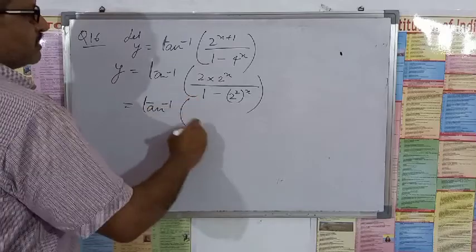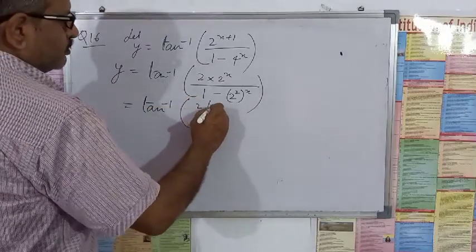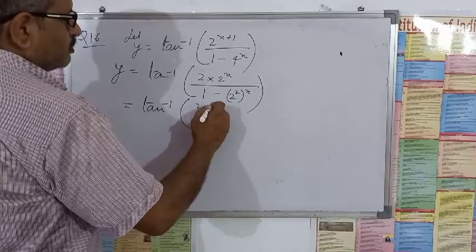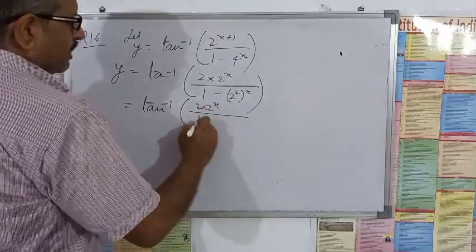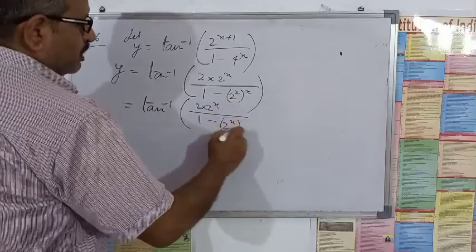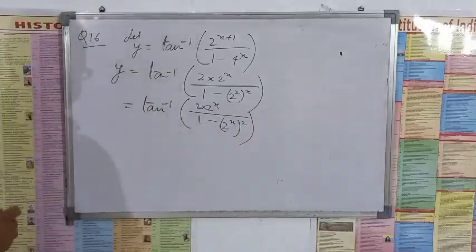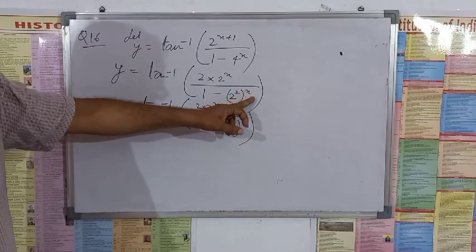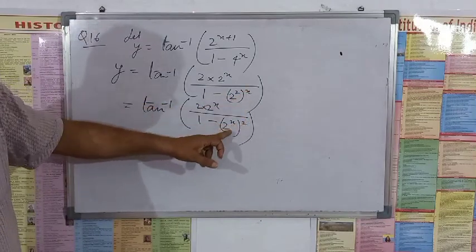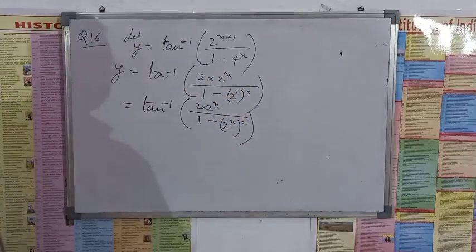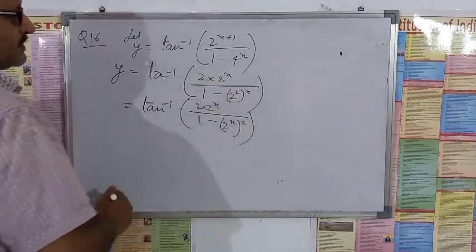So tan inverse 2 into 2 to the power x over 1 minus 2 to the power x whole square. Power to the power, so we have to multiply the powers, or you can interchange the powers. So take x inside and 2 outside, because the product will be 2x.